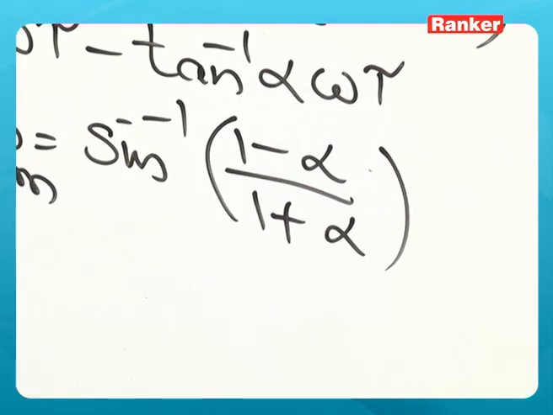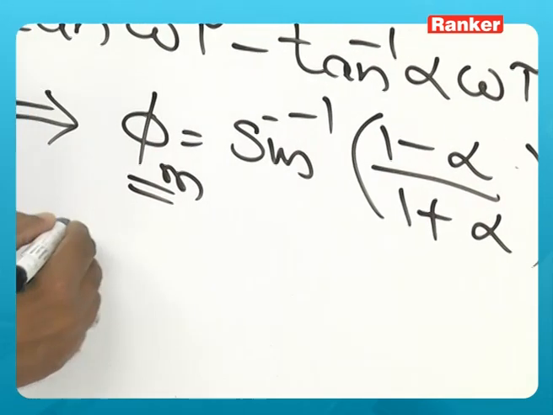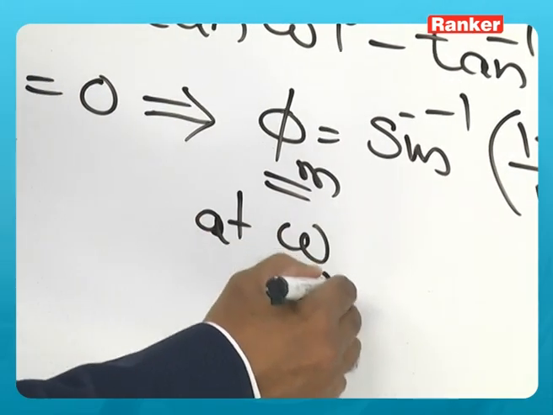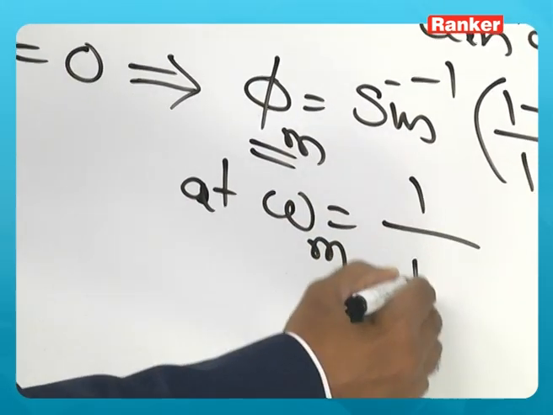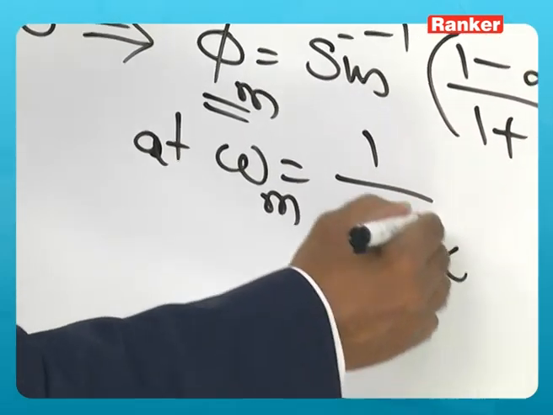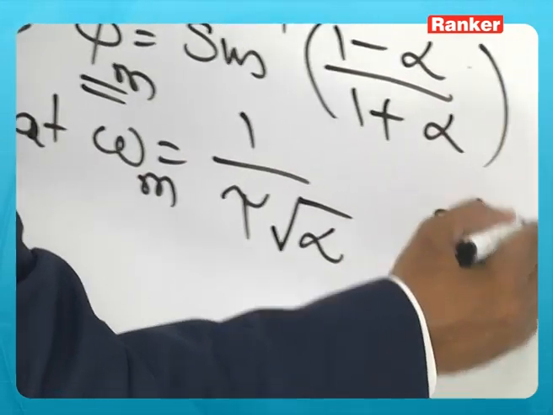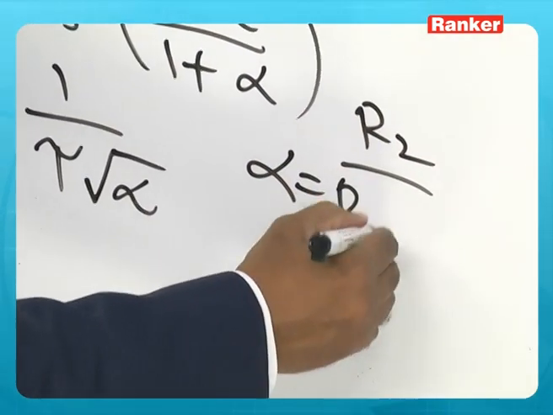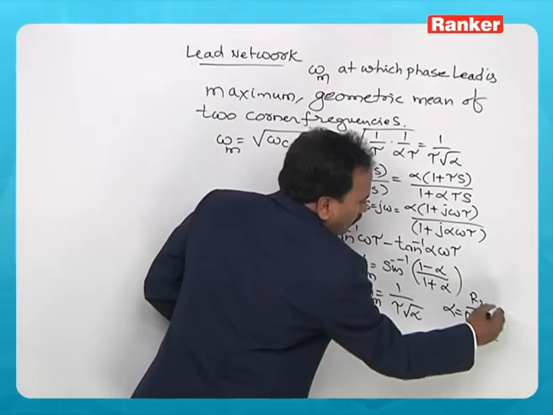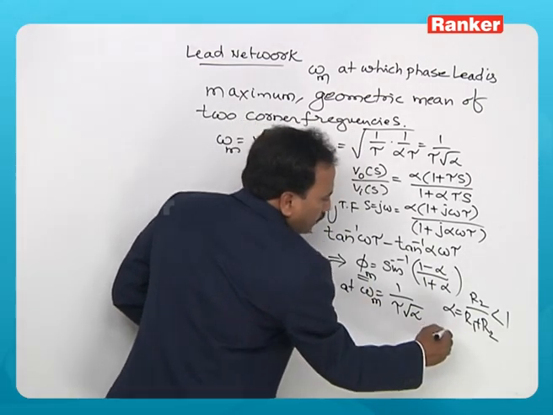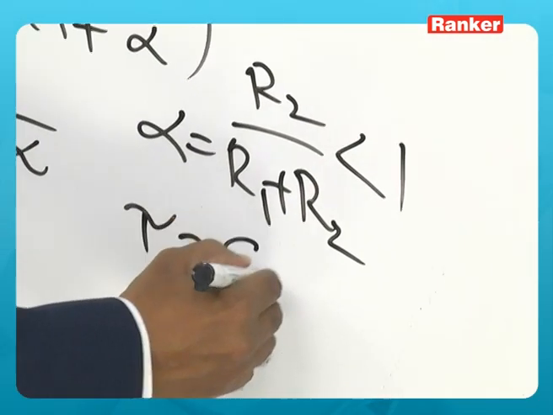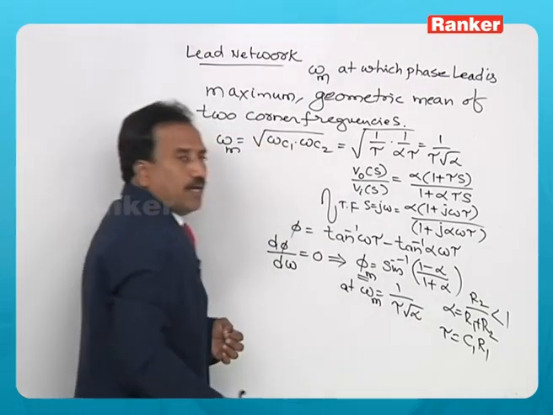So this phase lead is maximum at omega m, given by 1 by tau root alpha, where alpha is R2 by R1 plus R2, which is less than 1, and tau is the time constant of the RC circuit.